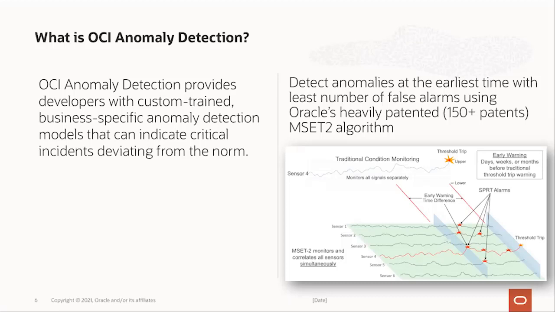The MSET algorithm actually works really well when you have complex assets with signals that are interconnected, interrelated, and it takes advantage of the interrelationship between those signals to identify anomalous behavior at the earliest possible time.